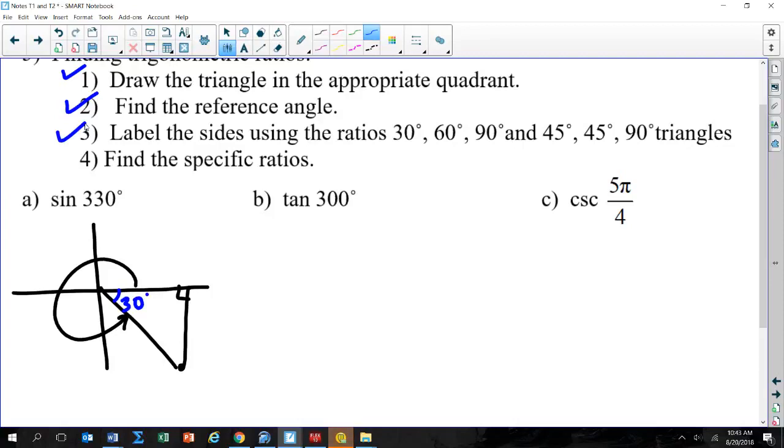So across from the 30 degrees is the short leg. We'll call that 1. Across from 60 degrees is the long leg, radical 3. And the hypotenuse is 2. That's step 3, label the sides. Now we can find the specific ratios. So I'm finding sine of 330. Remember, sine is opposite over hypotenuse.